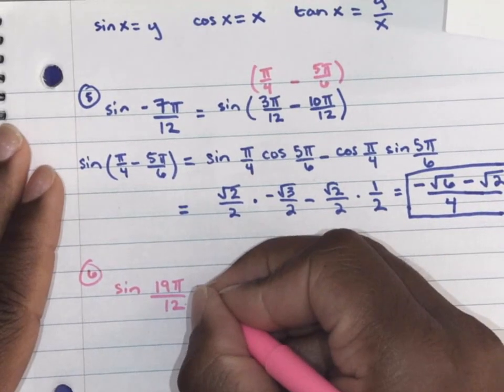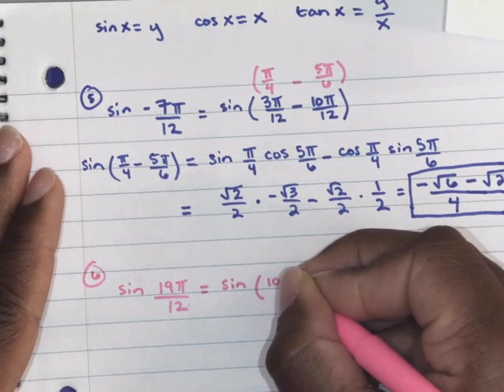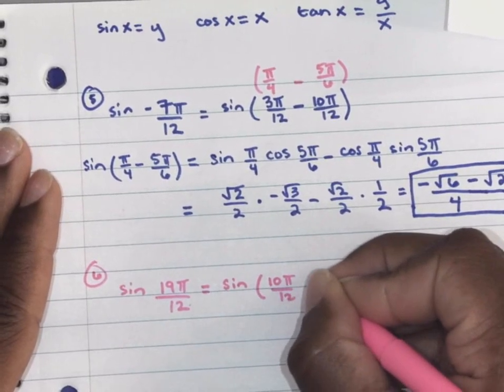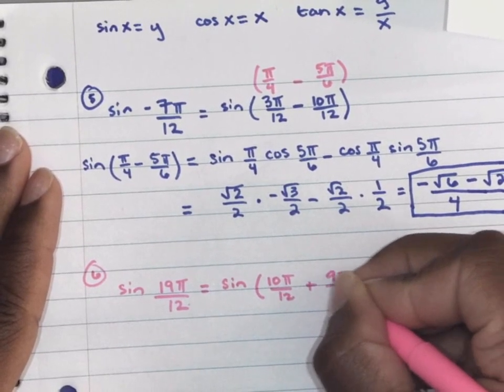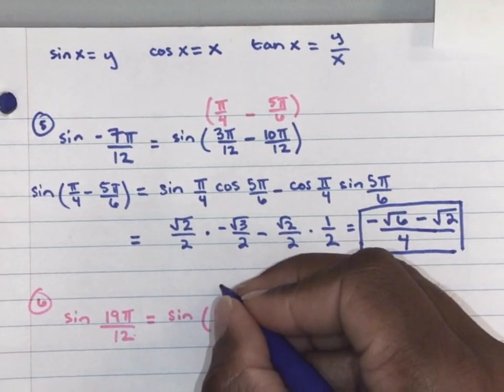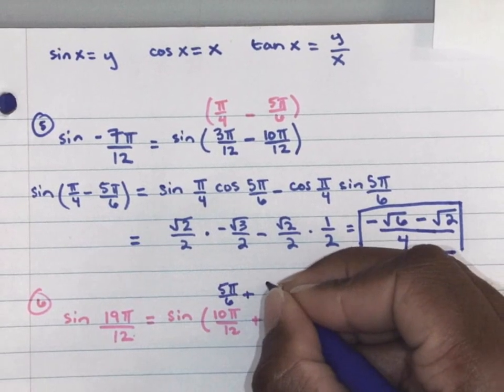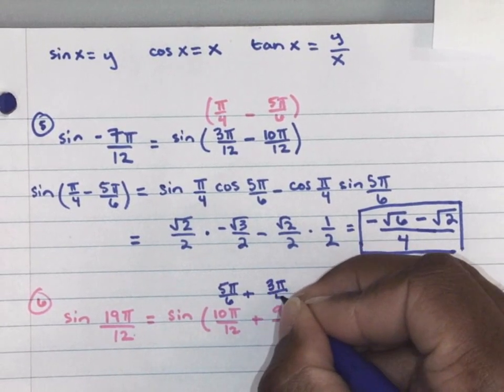Just to be clear, we're going to do sine of 10 pi over 12 plus 9 pi over 12, which is really 5 pi over 6 plus 3 pi over 4.